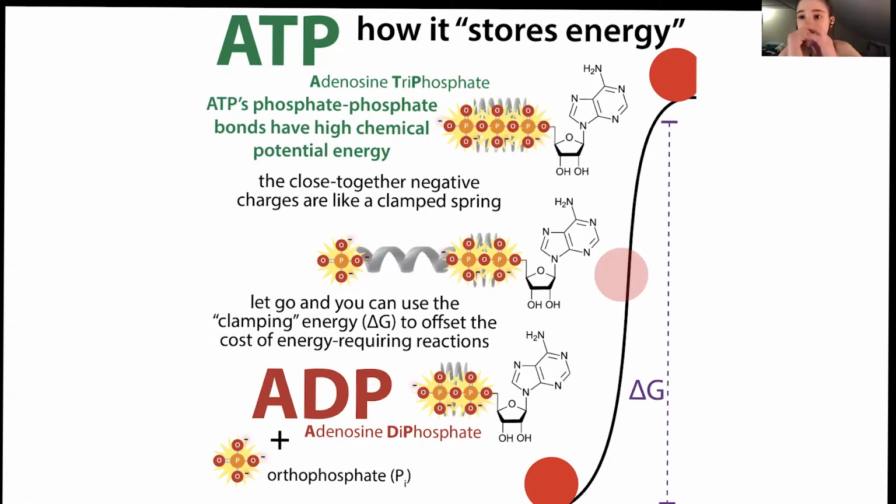Say you had a clamped spring and a ball and you let it go, the ball would fly across the room. So you're releasing energy when you unclamp the spring. Similarly, if you hydrolyze or cut apart the phosphate, then the energy is released, and you can couple this energy release to non-favorable processes like the joining of DNA letters.